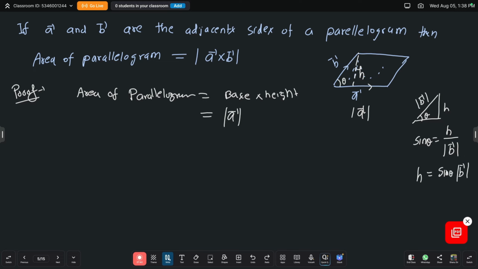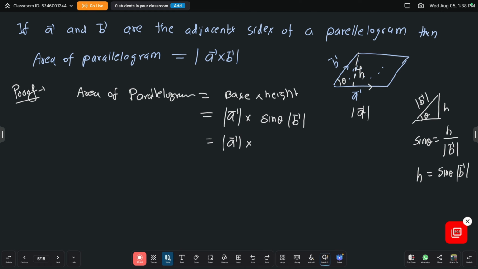Put here the height value: sin theta mod B. Okay, vector A. What is sin theta? You forgot the sin theta formula.